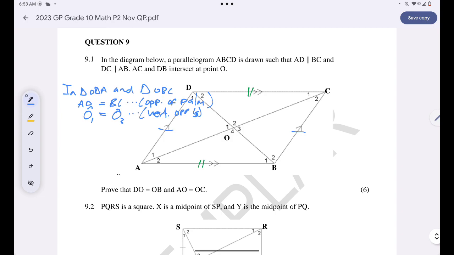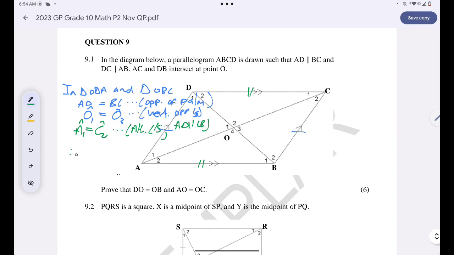And secondly, I can conclude that since I'm told that AD is parallel to BC, these form alternating angles. This angle and this one are the same. I can conclude that angle A1 is equal to angle C2. These are alternating angles, and they're alternating because AD is parallel to CB.